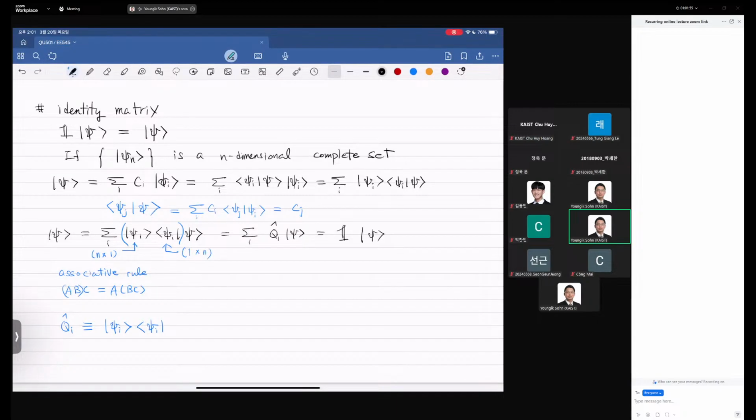Then what do you get? Our conclusion is the identity matrix is actually the same as this. So with the eigenbasis, you can express your identity matrix in that nice form, the summation of ket bra.